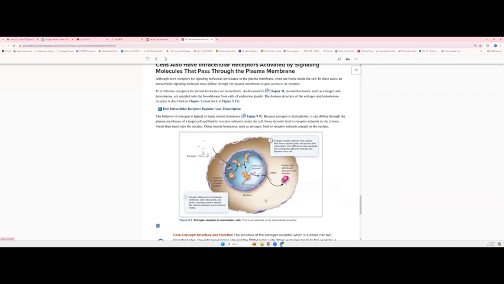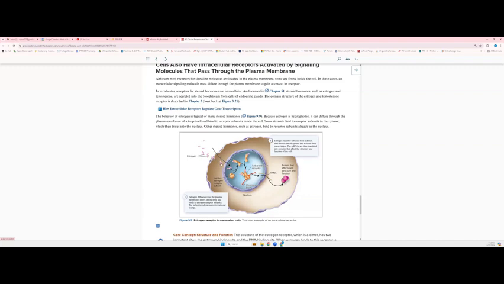For example, this is the estrogen receptor, right? And it's inside of a nucleus. Estrogen is first outside of the cell, and it has to go through the cell membrane, right?